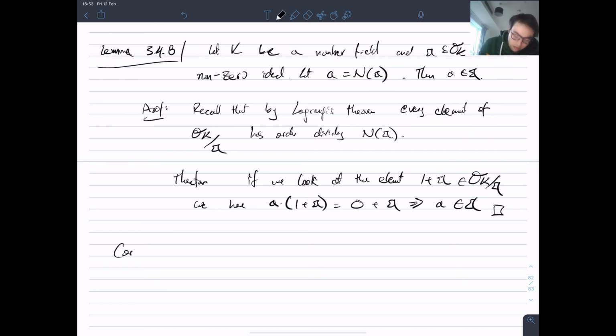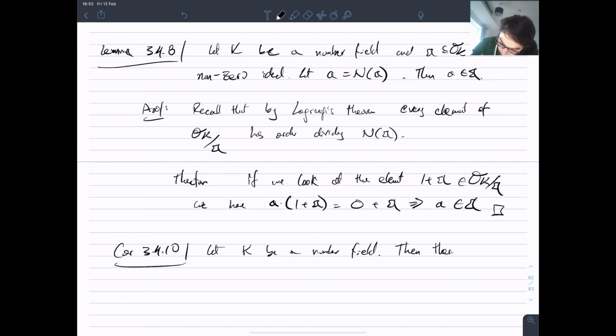And the last thing, corollary 3.4.10, which is: let K be a number field. Then there exist only finitely many ideals of a given norm.